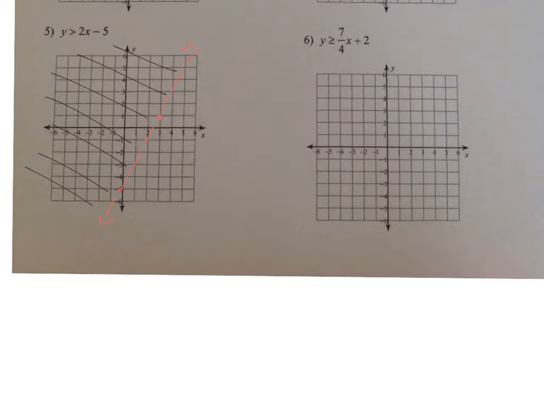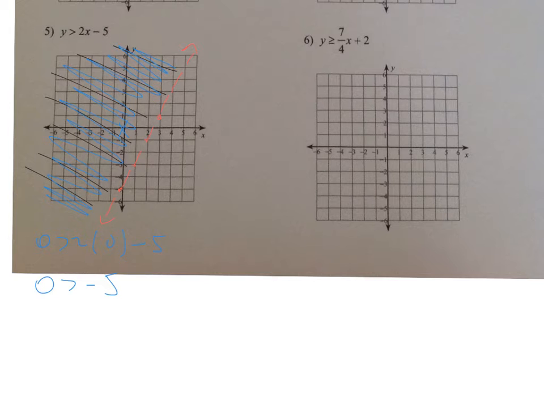This is a little bit trickier because it kind of looks like it's to the left as well. Does that mean it's less than because it's to the left? So just to be safe, I'm going to pick my 0, 0 and hope that it falls in the solution set. So 0 is greater than 2 times 0 minus 5. 0 is greater than negative 5. That's a true statement, so we did shade in the right spot.